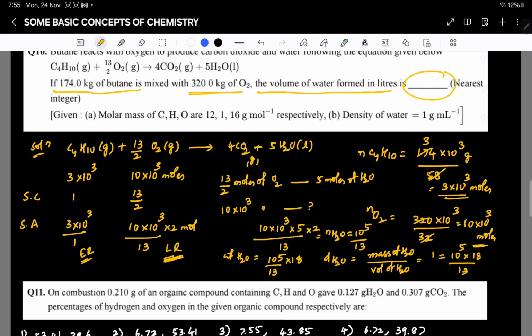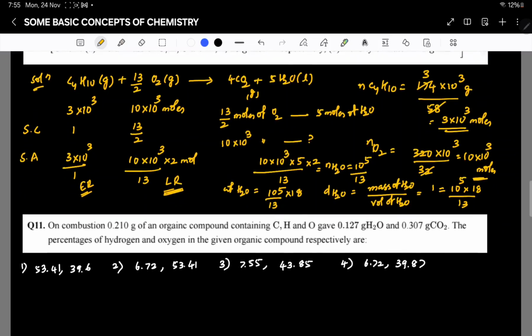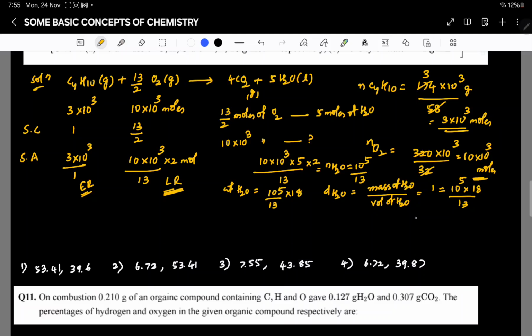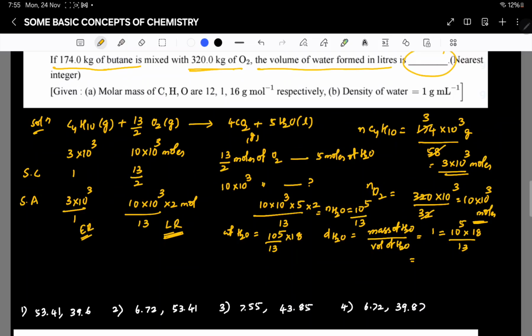So if the volume comes, it becomes 10 to the power of 5 into 18. So after simplification, student, we will get the closest answer.